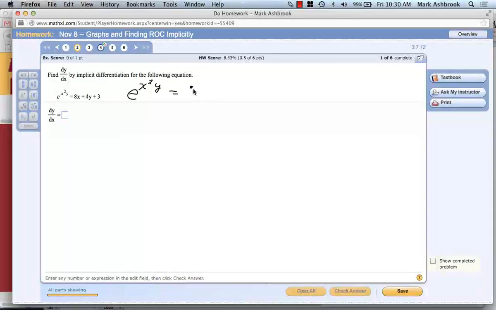So what this is called is an implicit function. Implicit means it's from the word implied, right? So there's no overt, in-your-face function here, y is a function of x, but it's implied. It's kind of in the background.